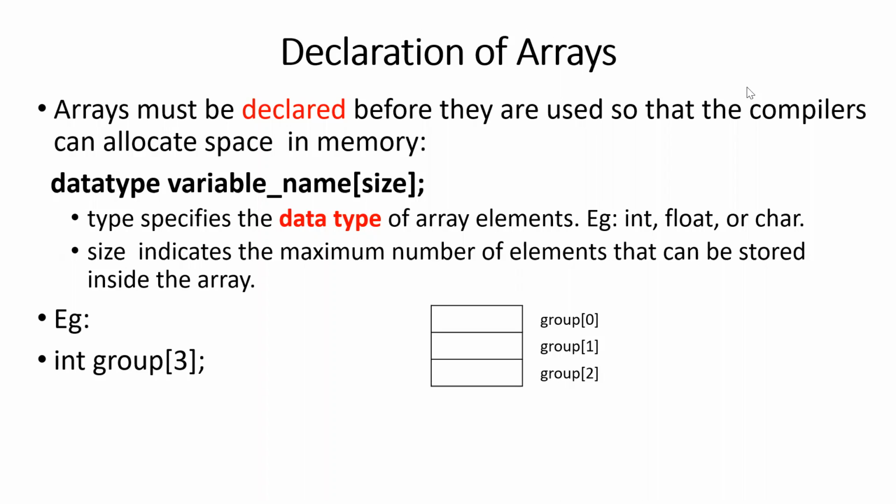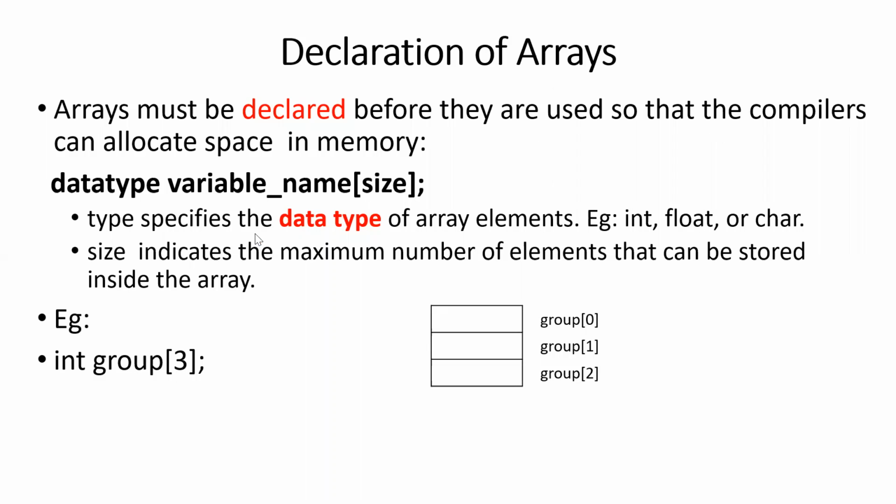Void basically indicates the return data type. If it does not have any return value, we use void to indicate that. You cannot declare an array of void data type. Understood? I will not declare a variable with void data type either. It is only used to indicate that there is no return value for a function.